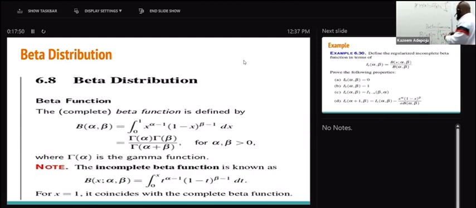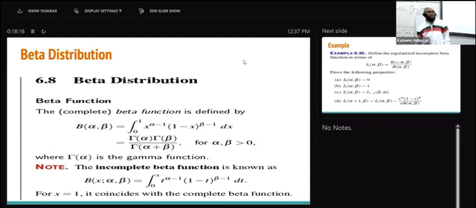What is the beta distribution? t raised to the power alpha minus 1, (1 minus t) raised to the power beta minus 1, dt, divided by B(alpha, beta). If I want to go from 0 to x, then I'm not going to be talking about x anymore inside the integral; I'm just going to use something else. Does that make sense?